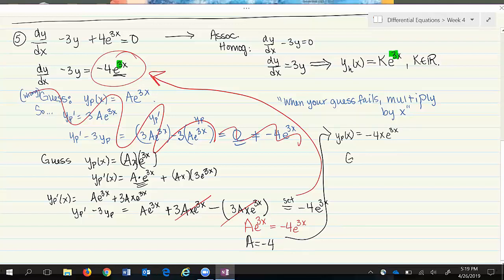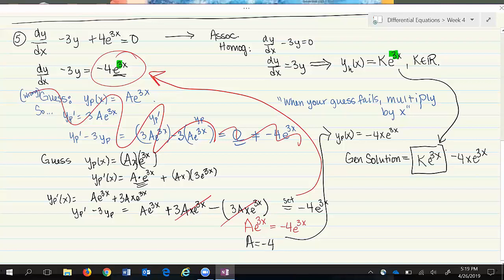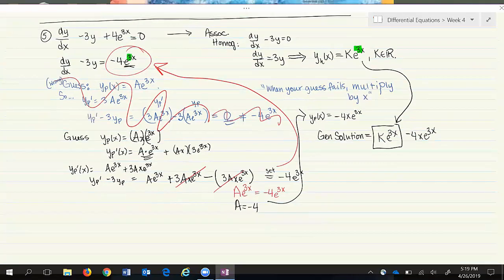And we get as a general solution, we take that homogeneous part from here, and we add to it -4x e^(3x). To show that this is not just some crazy guess that worked in this case, let me point out how this one would be solved by an integrating factor so that maybe you'd be more convinced.